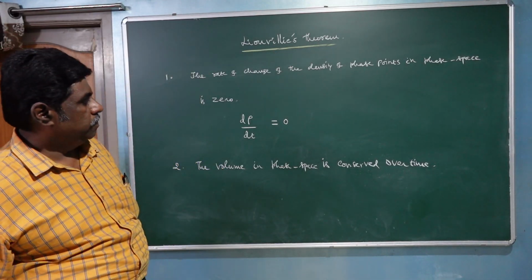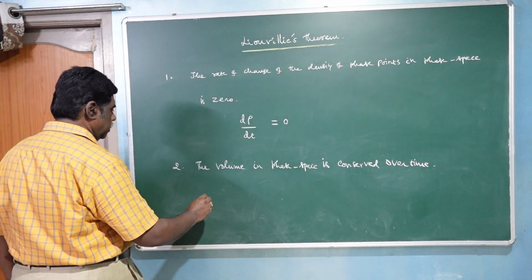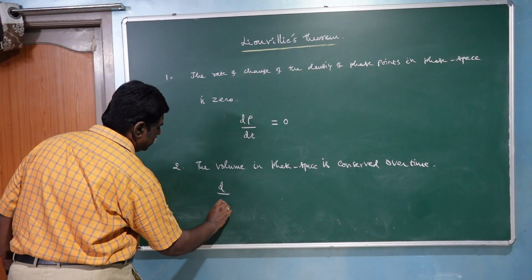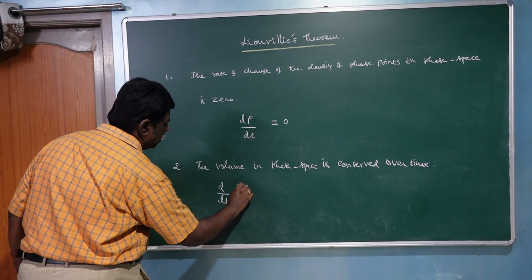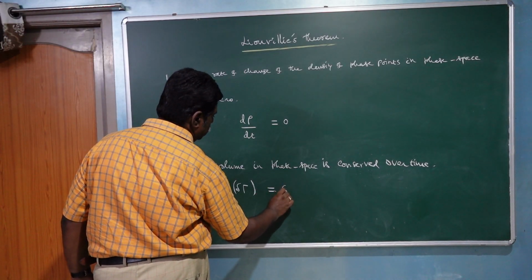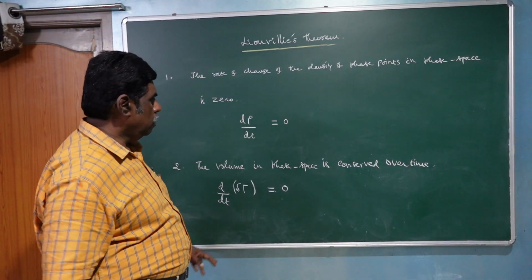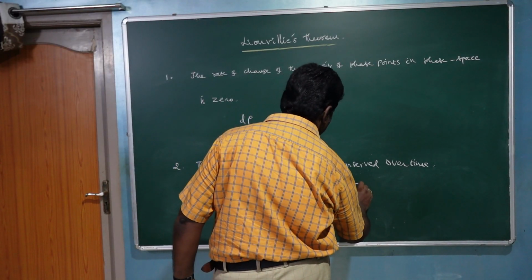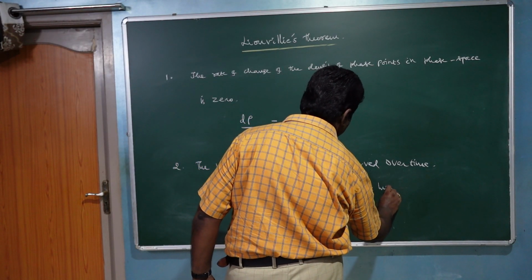This is the second theorem. D by dt of del gamma is equal to 0. Here del gamma represents hypervolume.